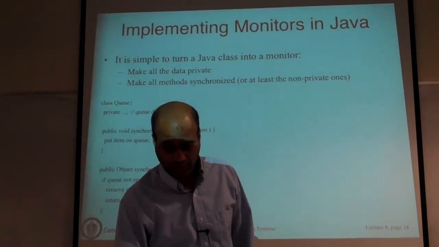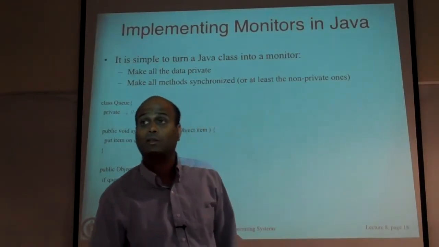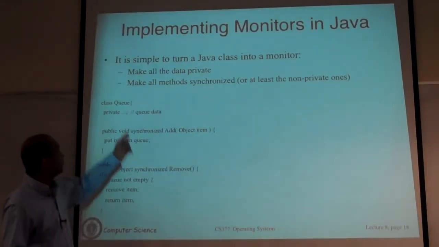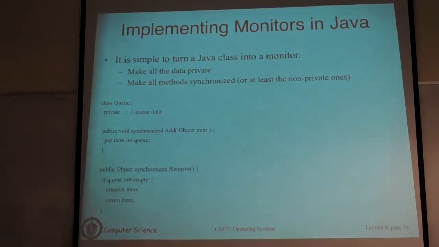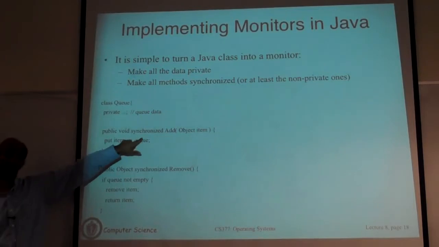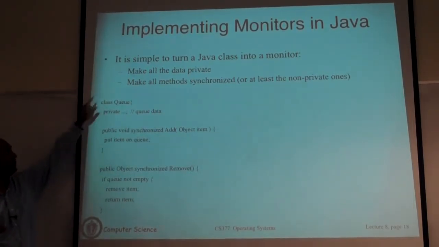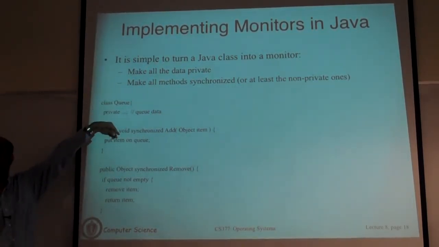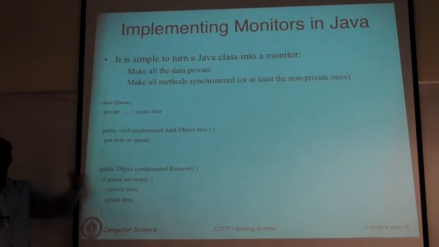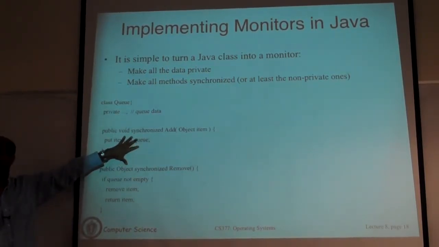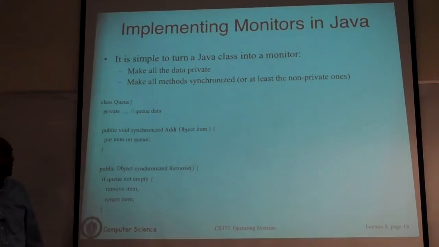I gave several examples. A quick point was, you can take any Java class and turn it into a monitor using one keyword. You have to do two things. First, take all the data and make the data private. That means the data can only be accessed from inside the methods. Then you make the method synchronized.